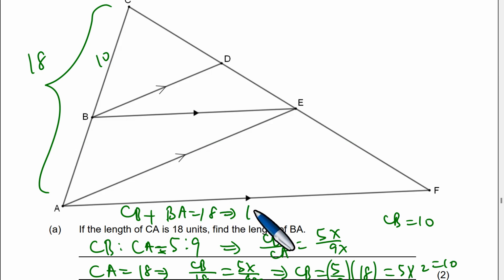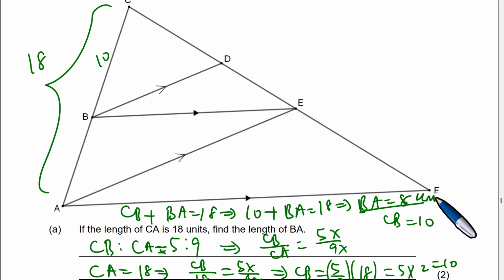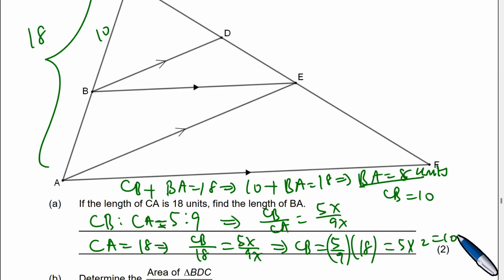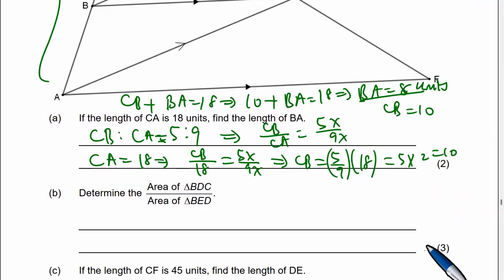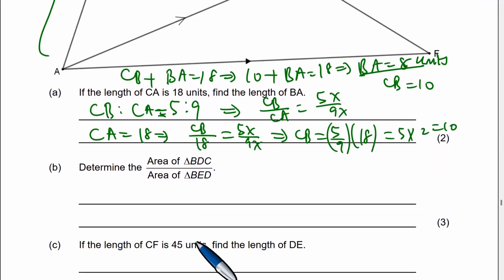What is CB? It is 10 plus BA, which is 18. Which means BA is 8 units. BA is exactly 8 units. Okay, let's find the ratio of the areas here.